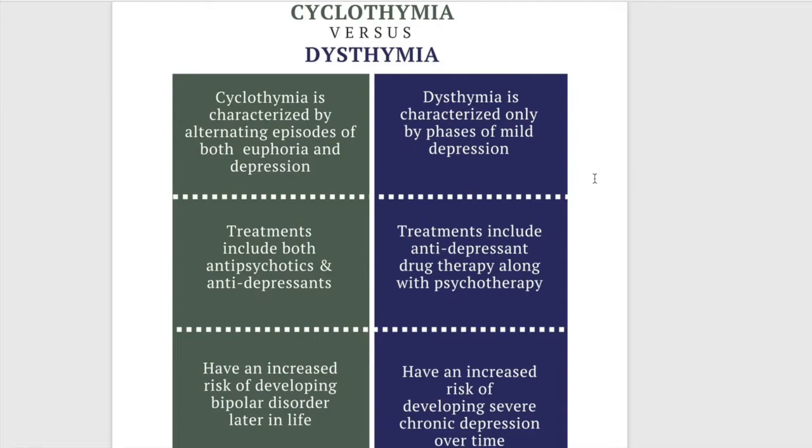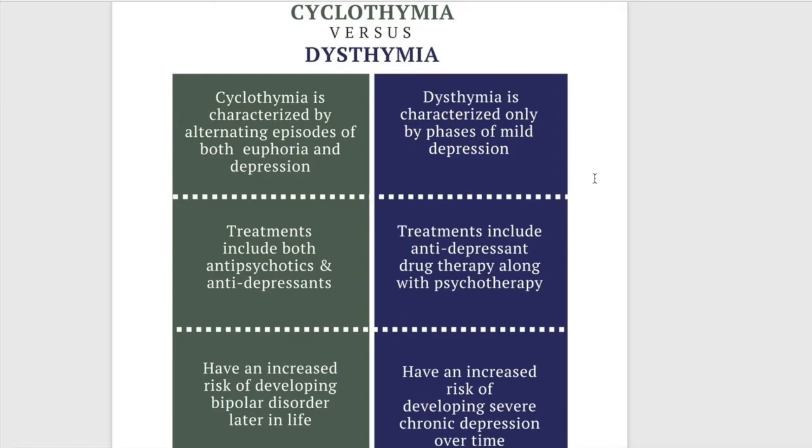Bipolar 1, like we've talked about before in my other video, is defined by manic depression. The mania is really the primary characteristic here. During the manic episodes, people with bipolar 1 usually are dealing with severe behaviors that really impact the quality of their life.